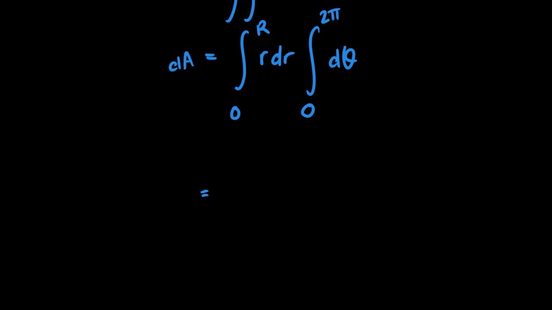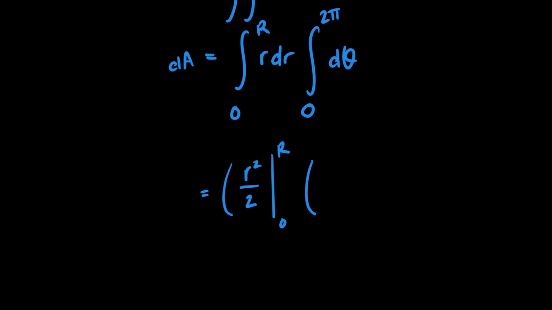Now, we do these separate. So the first one is r with respect to r. That's a polynomial again, right? Add 1 to the exponent and divide by the new exponent. So that will be r squared over 2 from 0 to r. The next one, there's no number there, so you know that that's a 1, right?